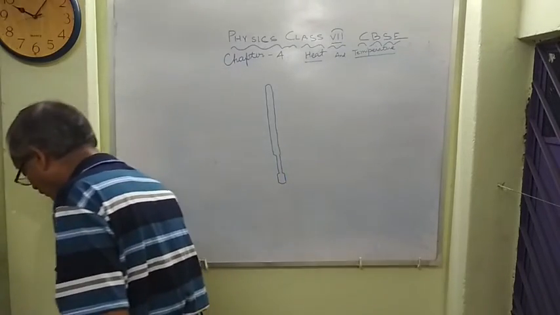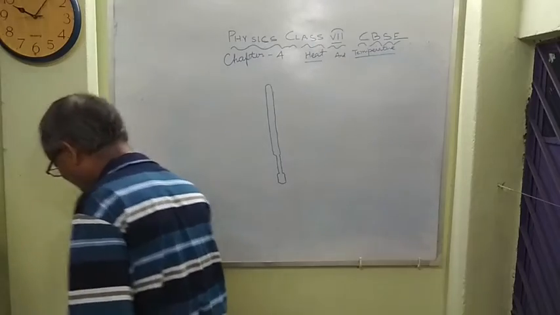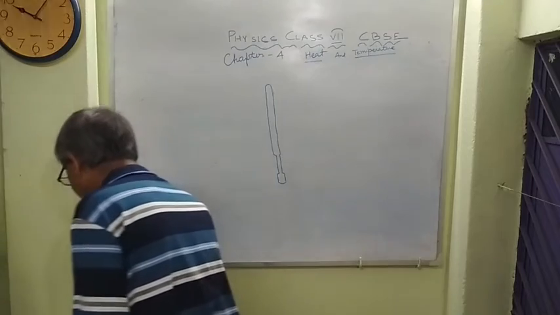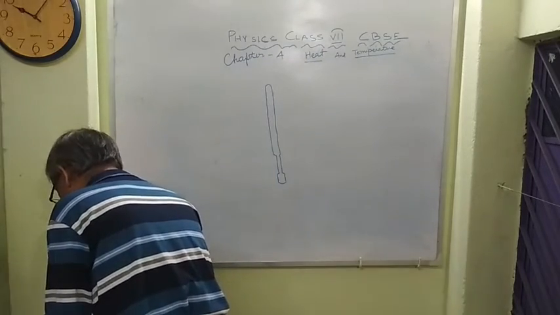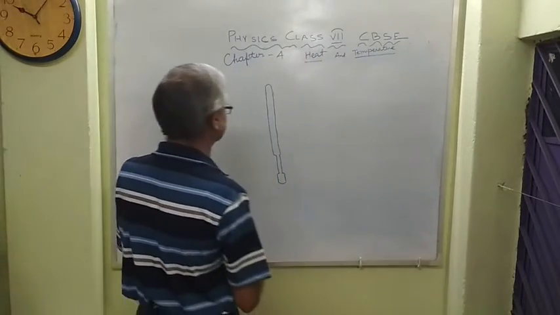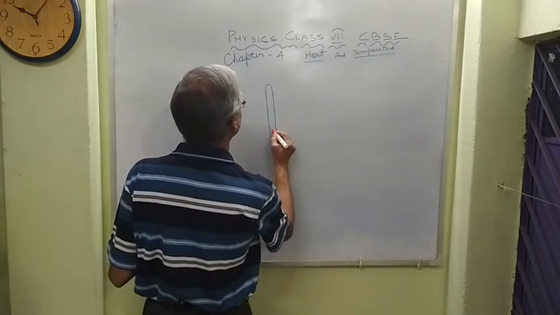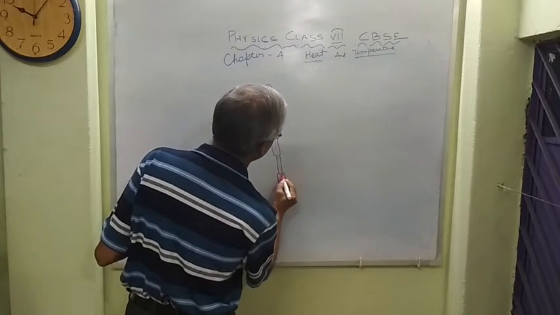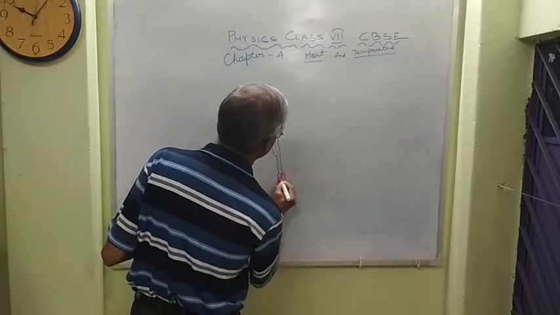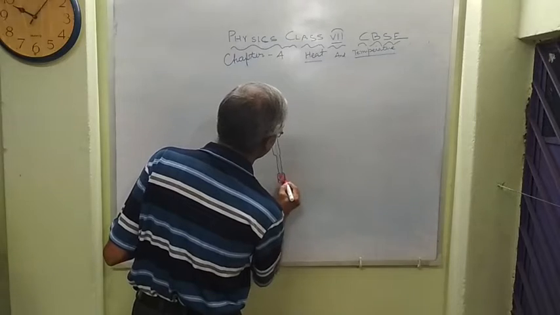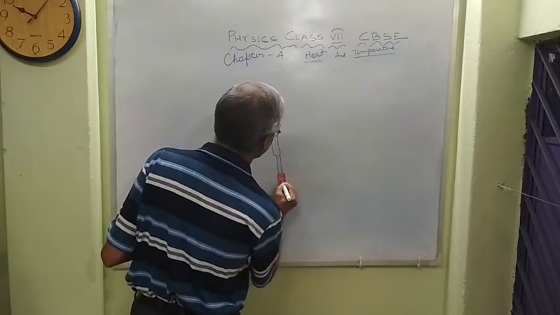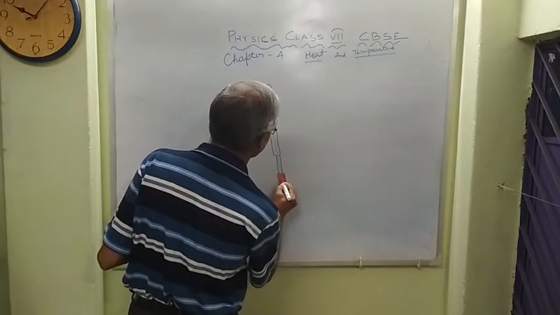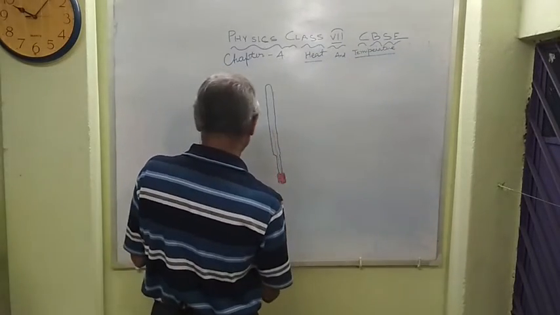Here we show the mercury level in red color. This is called the bulb of the thermometer.